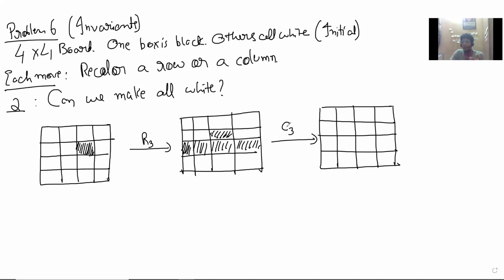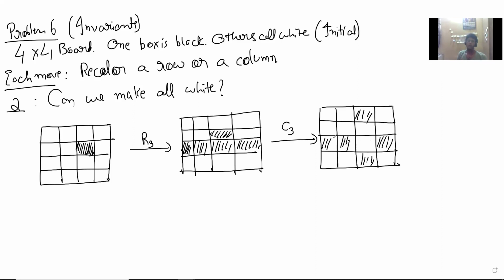If we do C3, Ishana, what will it be? The other two will become white and these two will remain black. This is obvious. So this is what we get.